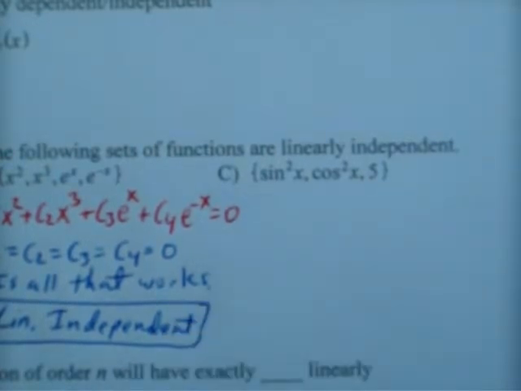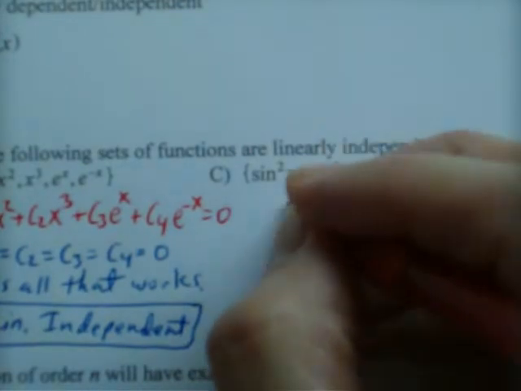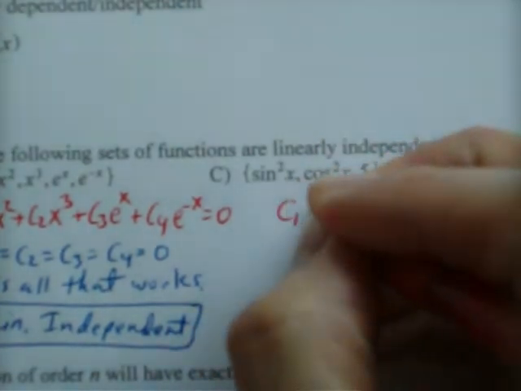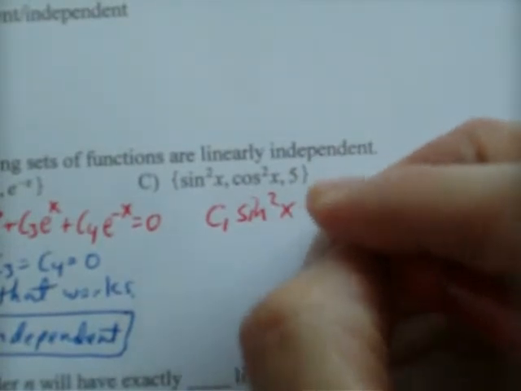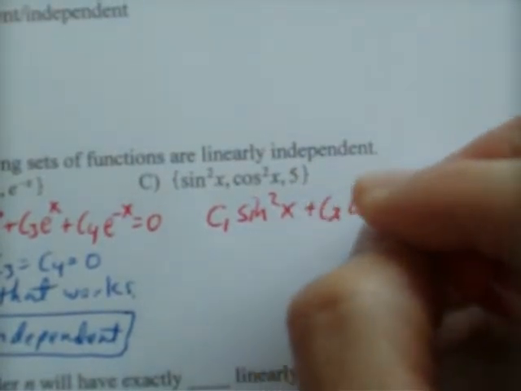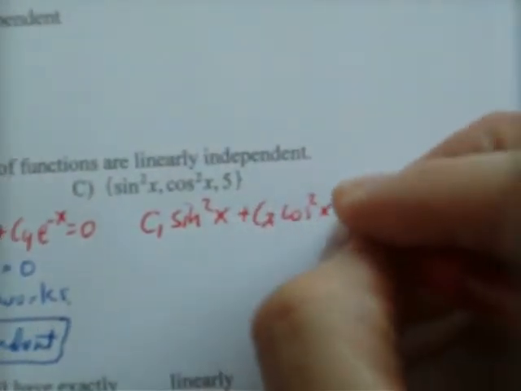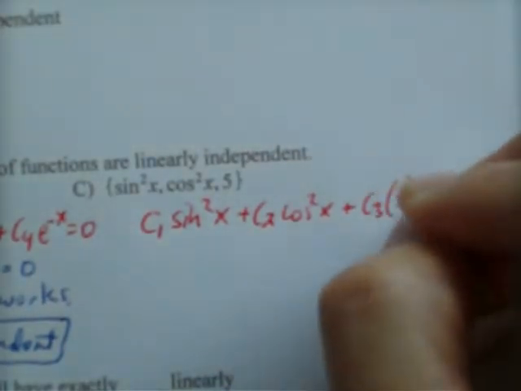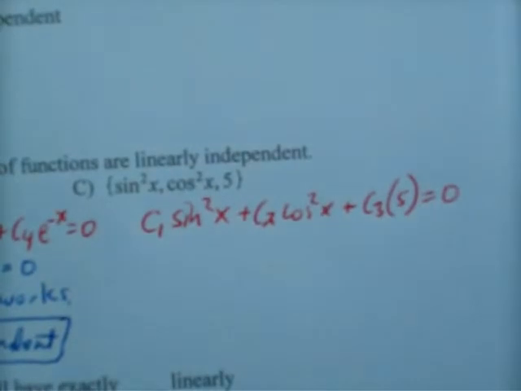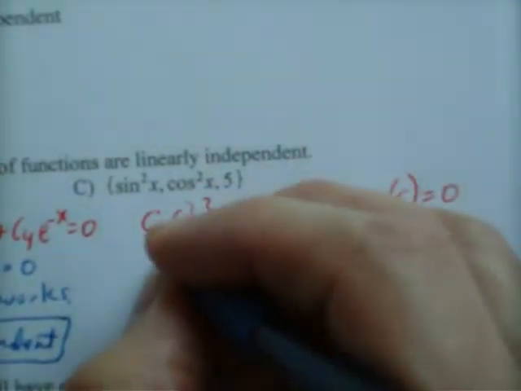And so let me go ahead and rewrite the equation again from the definition. If I take c1 times sine squared x plus c2 times cosine squared x plus c3 times 5, and that's equal to 0, well, I can find non-zero constants that make this work.